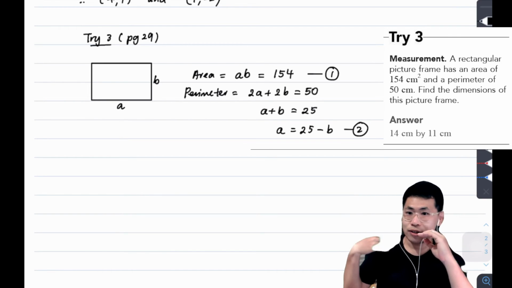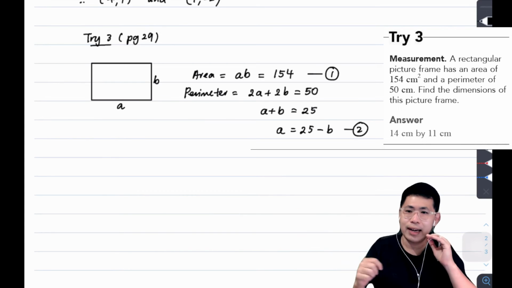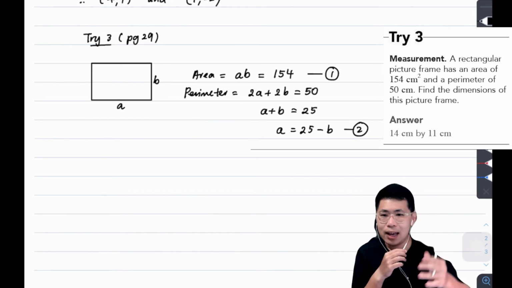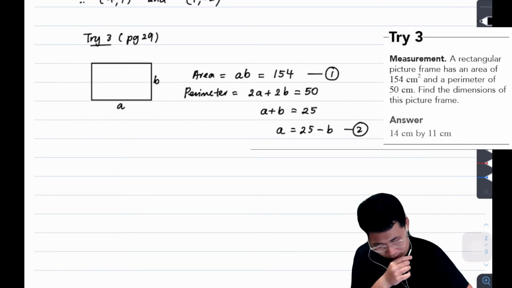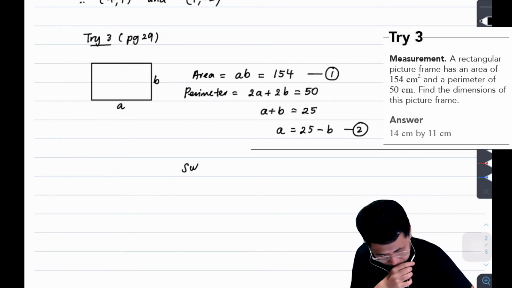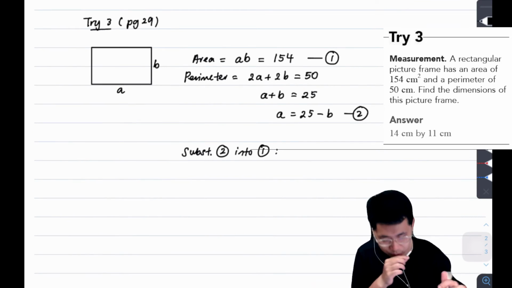As you can see, I need to form the relationship first and then form my second equation. Then what do I do next? Sub 2 into 1. Substitute equation 2 into equation 1.